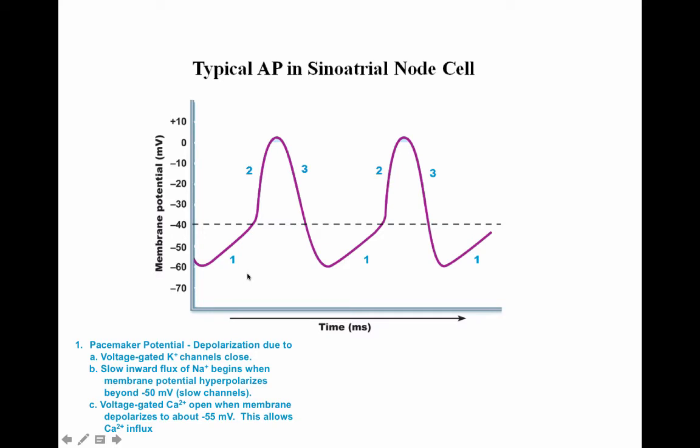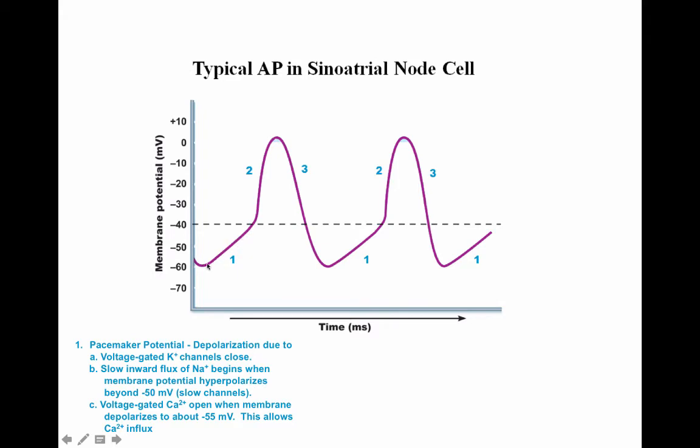Depolarization is due to voltage-gated potassium channels closing, and a slow inward flux of sodium that begins when membrane potential hyperpolarizes beyond this negative 50 millivolt range, so we drop down in this loop. And voltage-gated calcium channels will open when membrane depolarizes to about negative 55, and this allows a calcium influx.